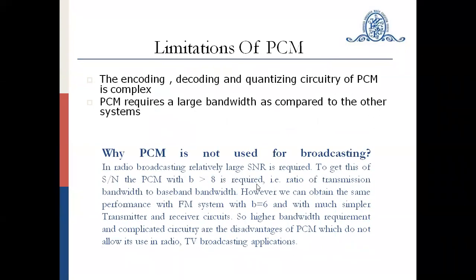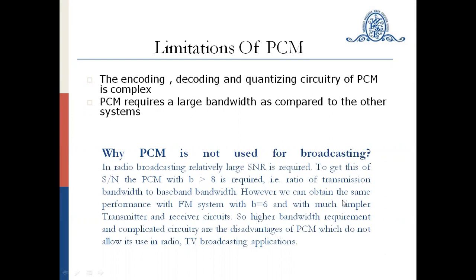So let us see why PCM is not used for broadcasting. In radio broadcasting, a relatively large SNR, that is signal to noise ratio, is required. To get this SNR, the PCM should have B greater than 8, where B is the number of bits, which sets the ratio of transmission bandwidth to baseband bandwidth.